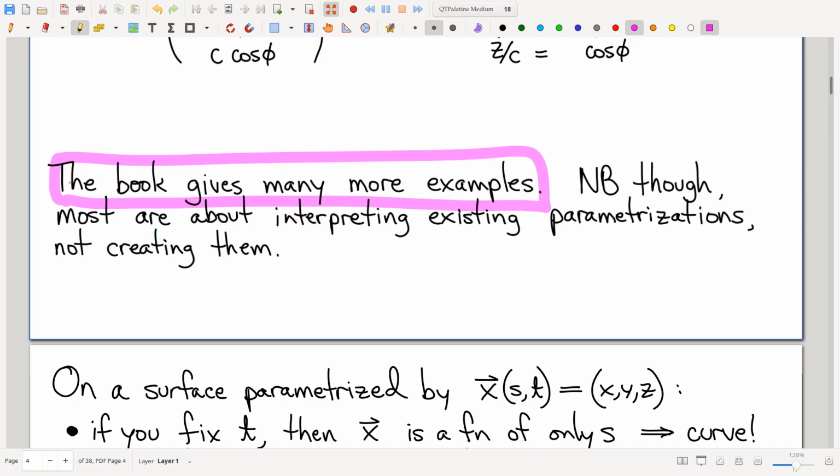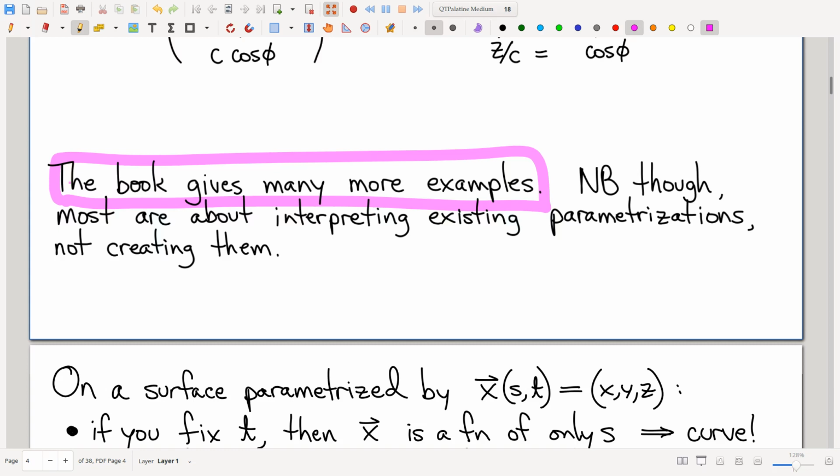Maybe the surface is described geometrically, whatever. We're given some surface, and the question is, how do I create a parameterization? The book's examples all start with a parameterization. They give you a parameterization, and then just ask you, how do I infer what the surface is that it parameterizes? Right? Now, that's a useful skill as well.